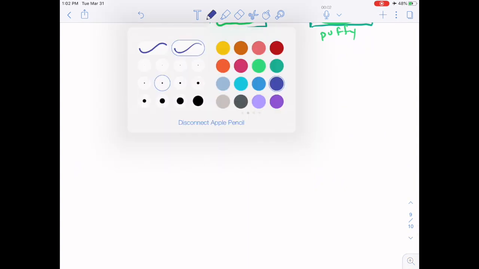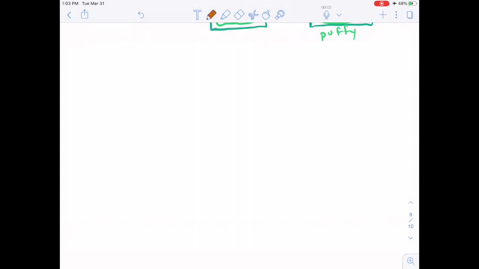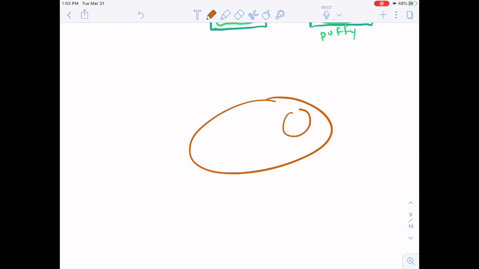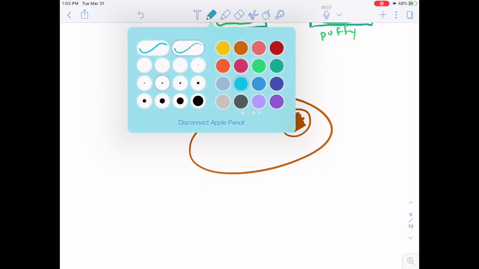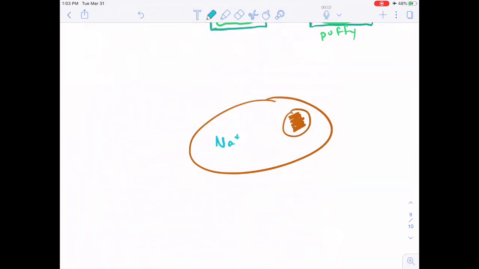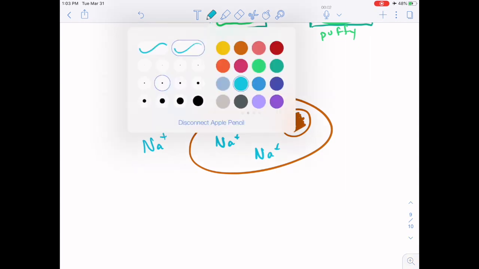Let's see, what if we have a cell? Let's go back to animal cells. And let's say that the sodium concentration inside the cell is the same as the sodium concentration outside the cell.